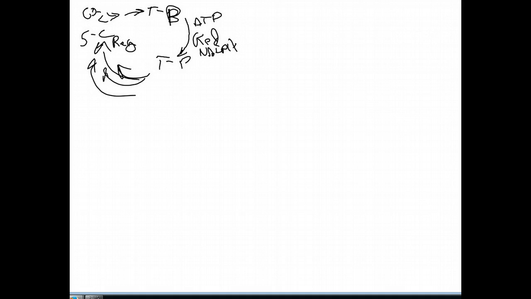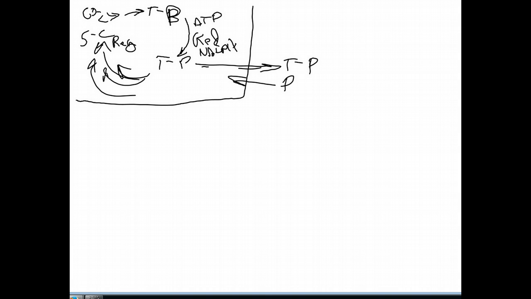So now let's make this the chloroplast. What moves out of the chloroplast? For the most part, we've got two things. The main thing that moves out, remember? No starch, triose phosphate. And every time a triose phosphate moves out, a phosphate moves in.